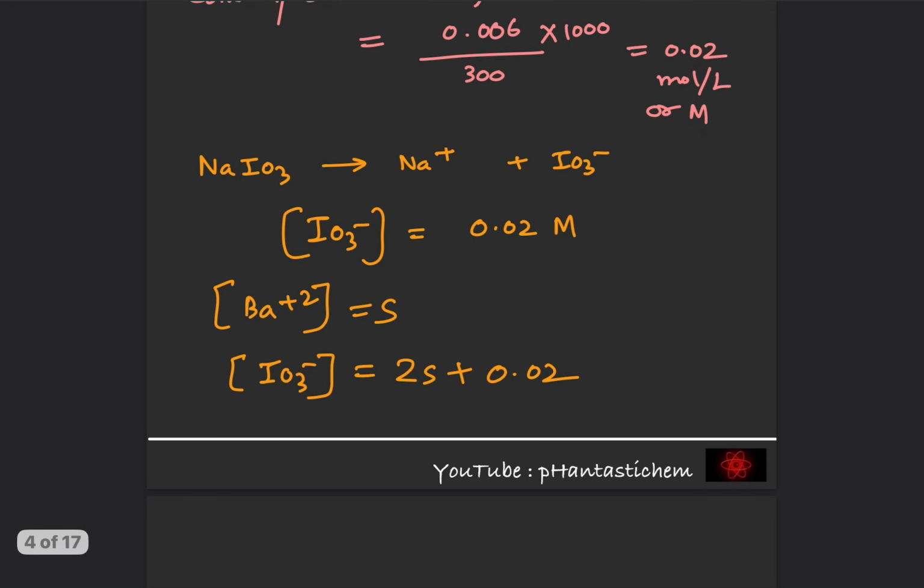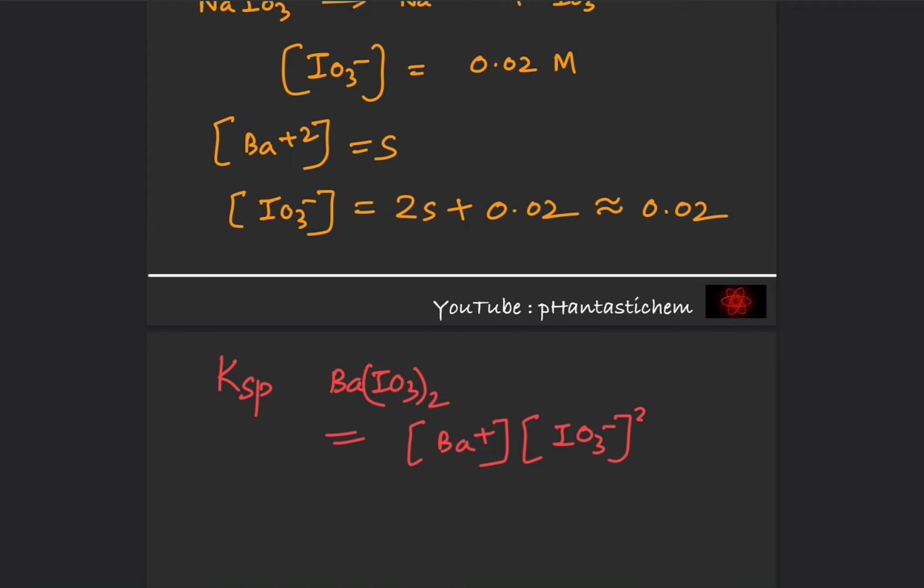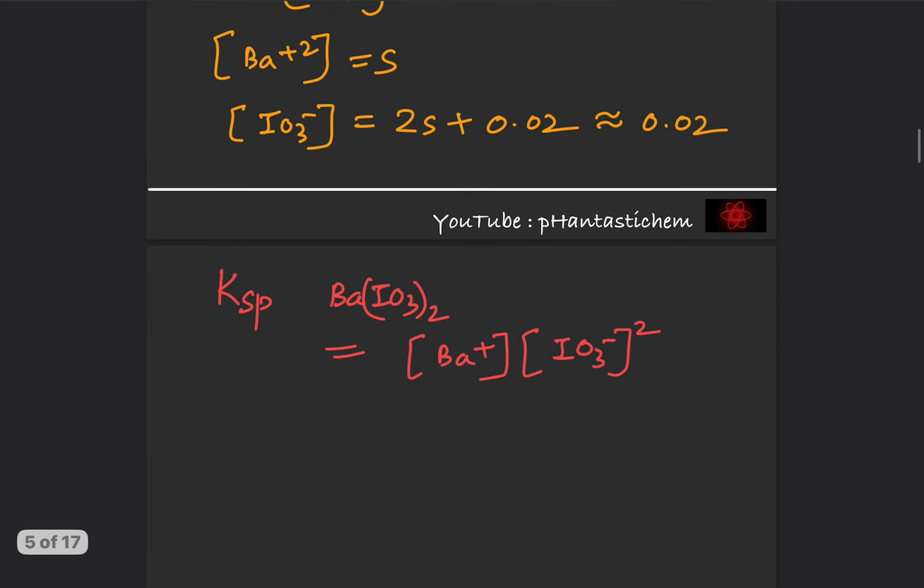Now this 2S is very, very small compared to this 0.02, so we can ignore this 2S. So the concentration of IO3 minus is actually 0.02, right? And we know that Ksp of Ba(IO3)2 will be equal to the concentration of Ba plus 2 ion and concentration of IO3 minus to the power square, right?